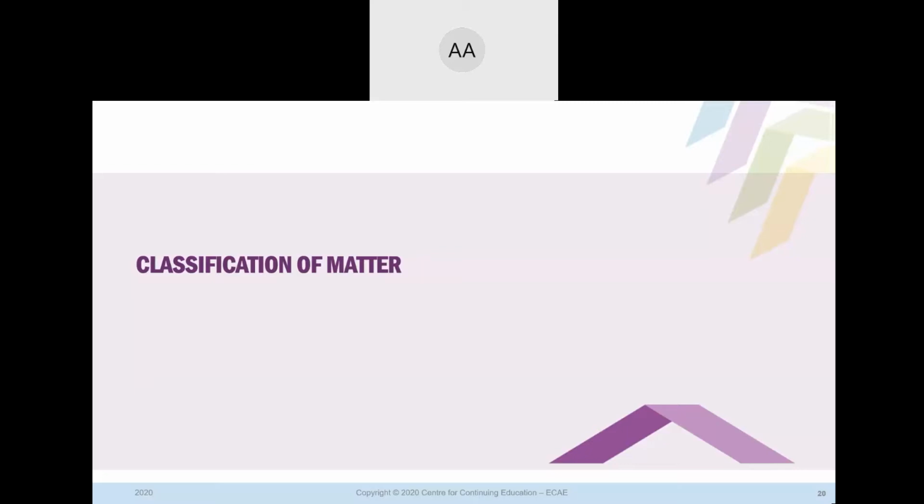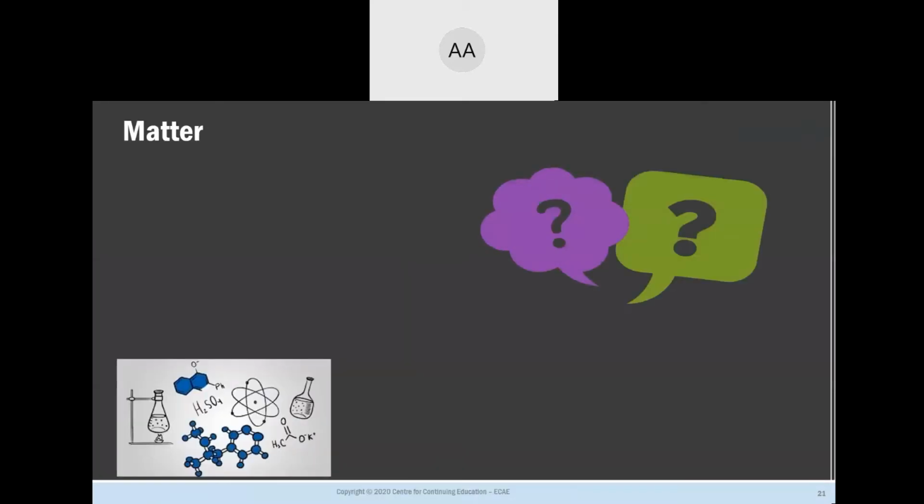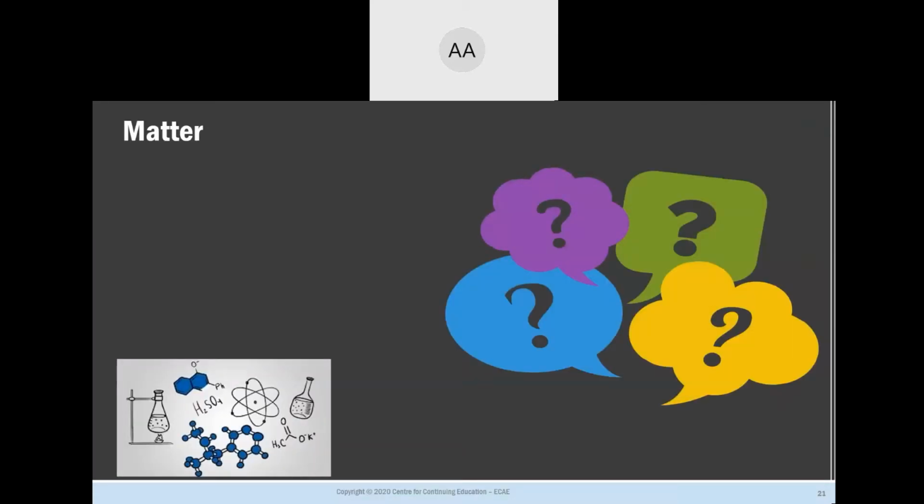It's all about the classification of matter, particularly related to the cycle 3 and what's expected of cycle 3 teachers over here in the UAE. So let's have a look and remind ourselves about some of the points that we need to refer to as cycle 3 chemistry teachers.